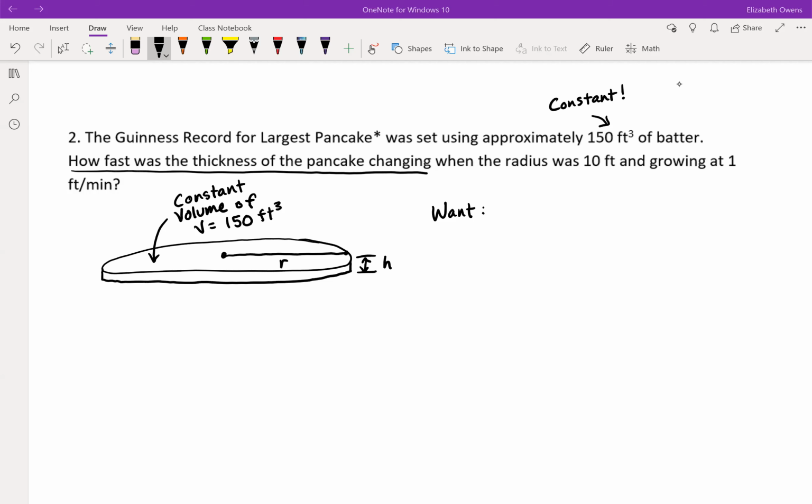So we do want that for our particular instant in time. A base radius of 10 feet growing at 1 foot per minute. So we want thickness change at the instant in time when the base radius is 10 feet.